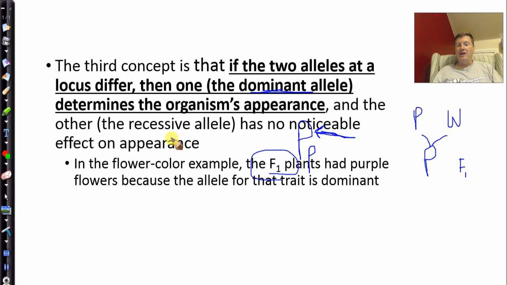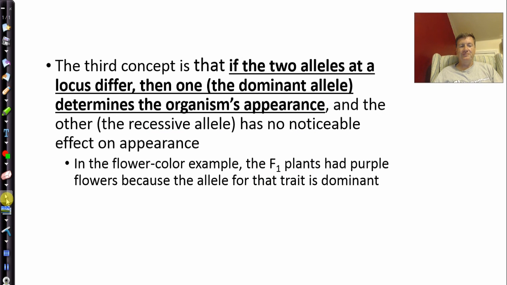So the recessive allele is the one that has no noticeable effect on the appearance if it is in the presence of a dominant one. And this will be a little easier to see in a future slide.